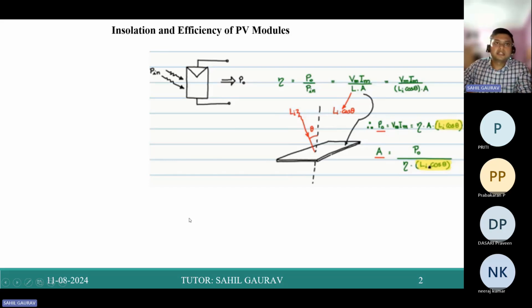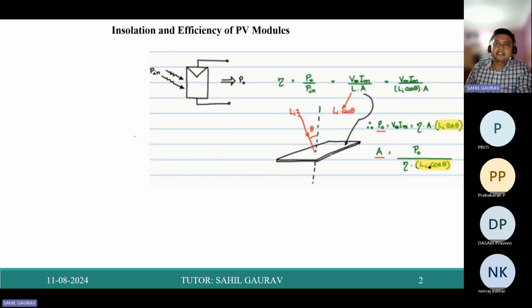Beginning with solar insolation and efficiency of PV modules, we know that the efficiency of a PV cell or PV module is the ratio of output power upon input power.